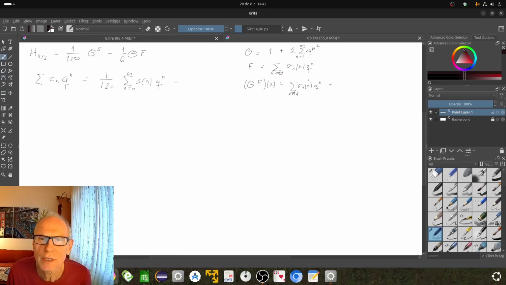So if we write this product of F and the product of this and this, let the coefficient be q to the dth.